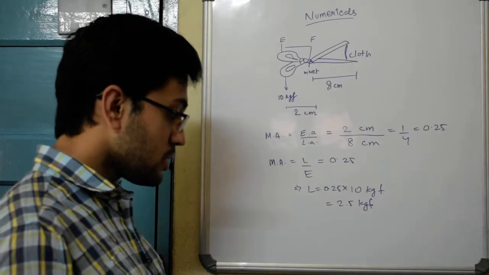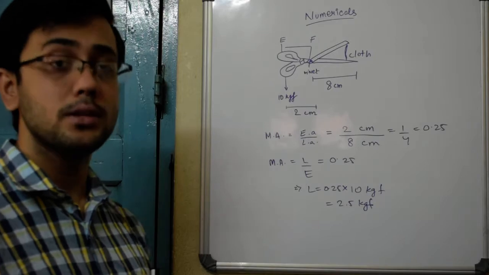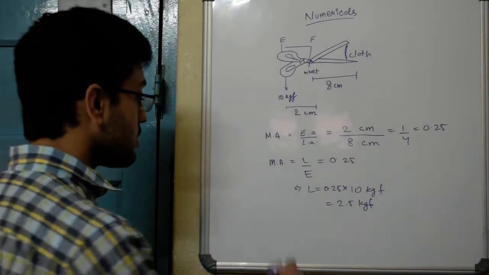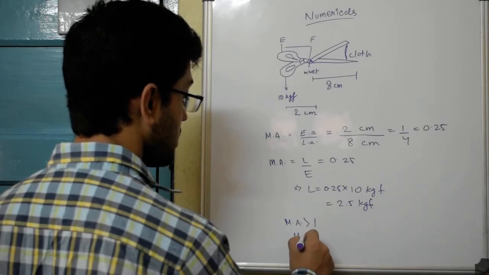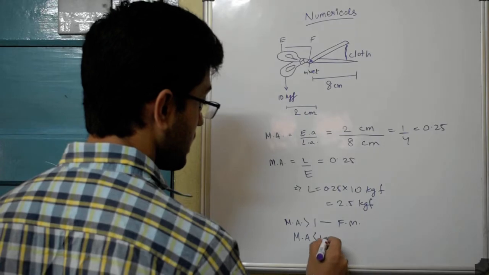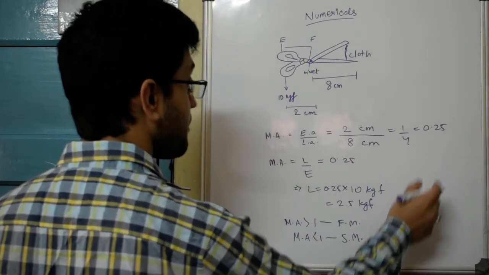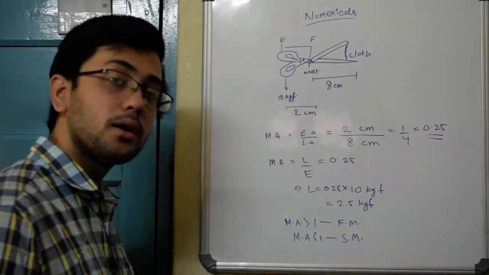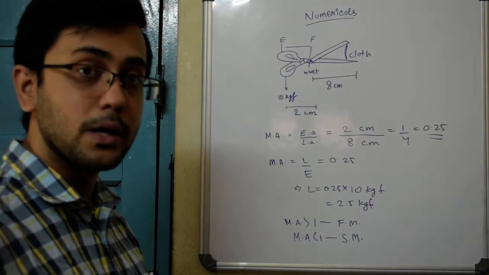Finally, the question wants us to find whether this pair of scissors acts as a force multiplier or speed multiplier. Whenever mechanical advantage is greater than 1, it acts as a force multiplier, and if it is less than 1, it acts as a speed multiplier. This value is less than 1, so this pair of scissors will act as a speed multiplier.